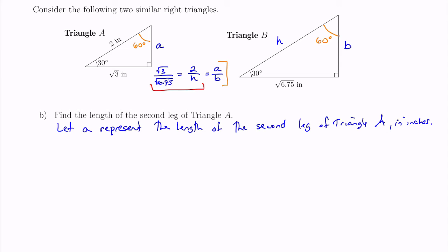Well, the Pythagorean theorem tells us that a squared plus b squared equals c squared, where c squared is the length of the hypotenuse. Well, applying that in this particular situation, we will have a squared plus the square root of 3 squared equals 2 squared.